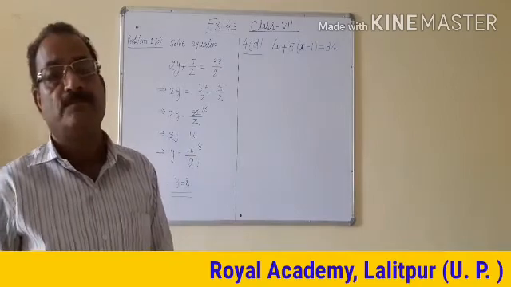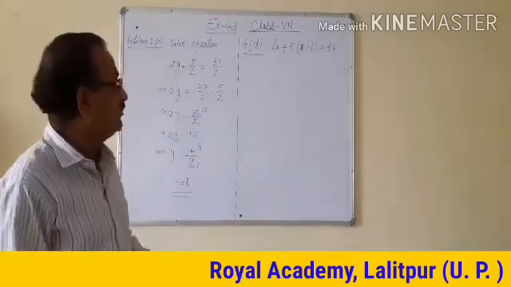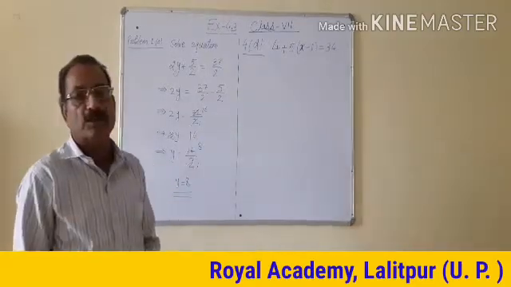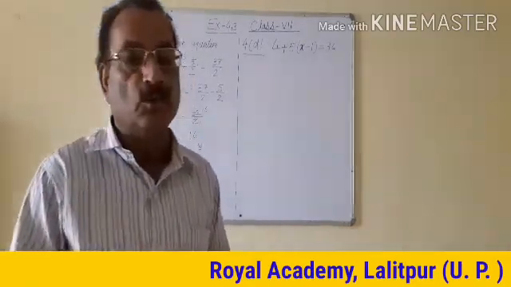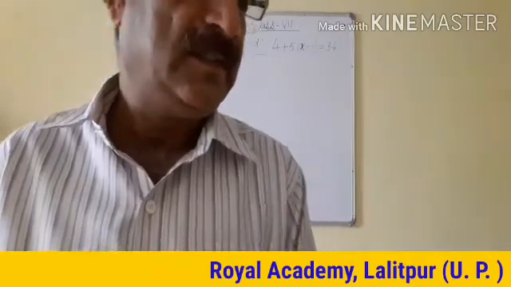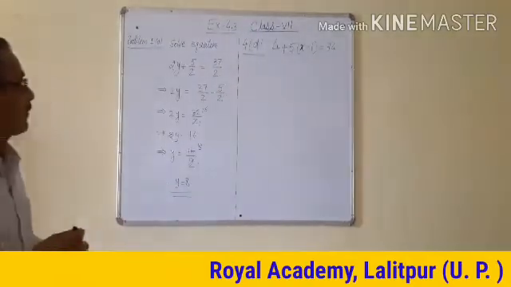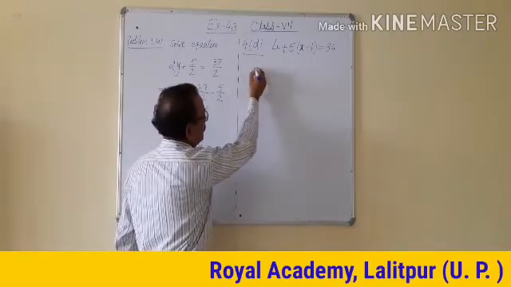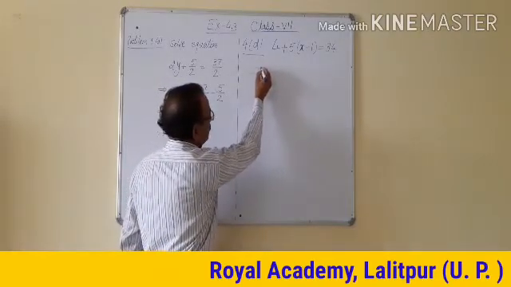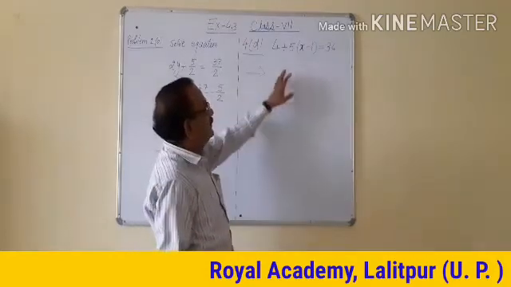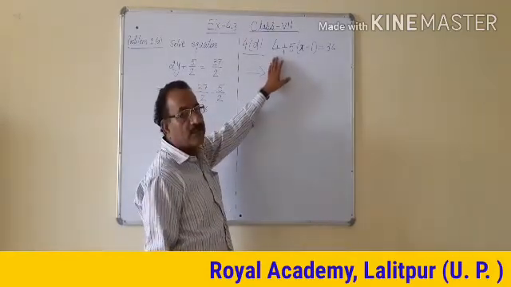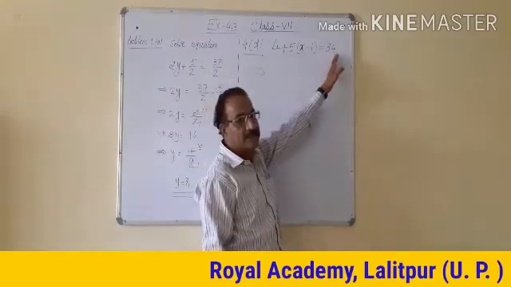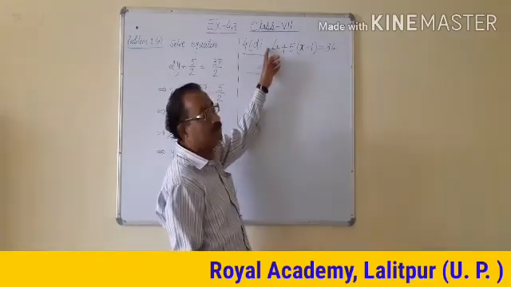Now I am solving here only one sum on the board, so you will understand better. Here, children, first you put the sign implies. Here 4 is the constant number. We shift this 4 from left to right. The sign of 4 is plus.